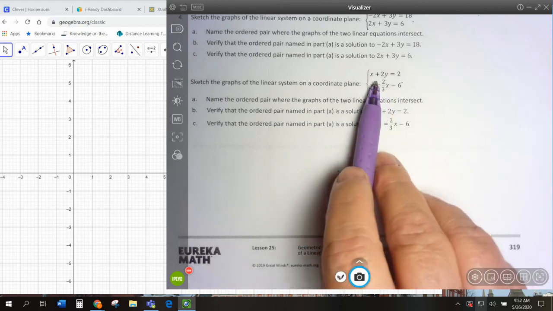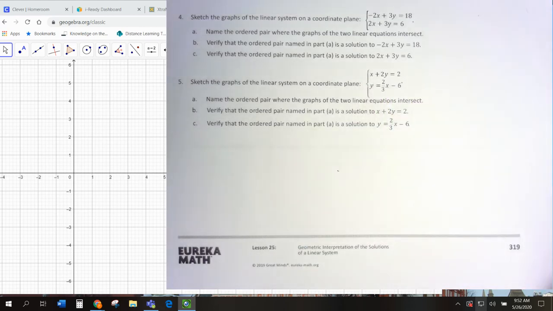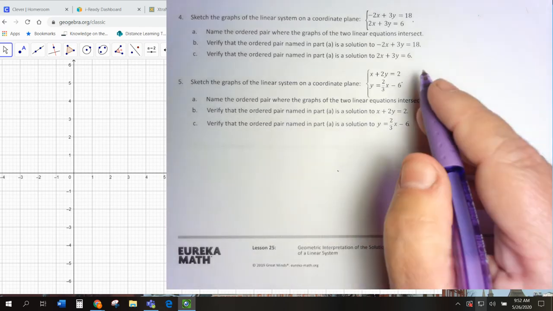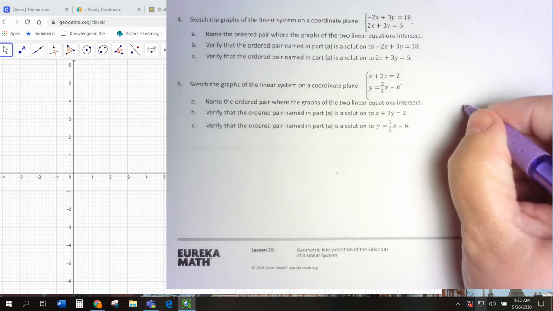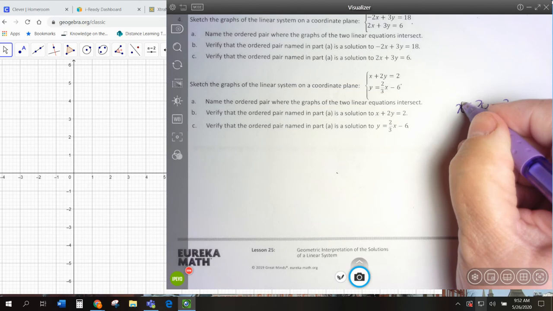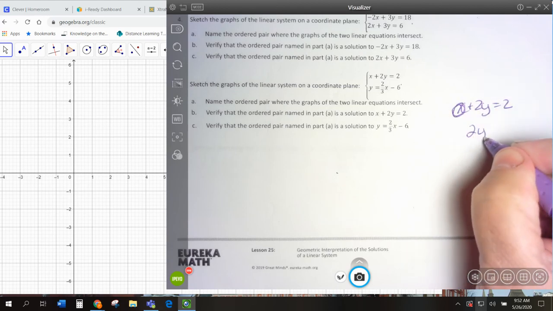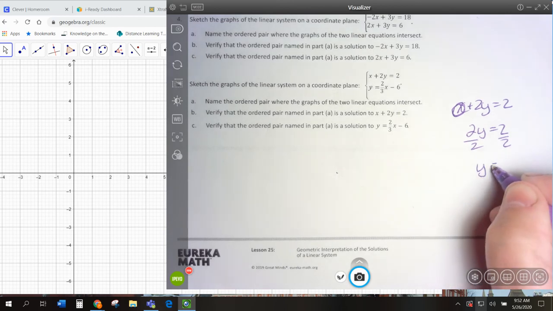For the first one, let's find our intercepts. So let's have x plus 2y equals 2. If I make x 0, I get 2y equals 2, divide by 2, and y is going to be 1.